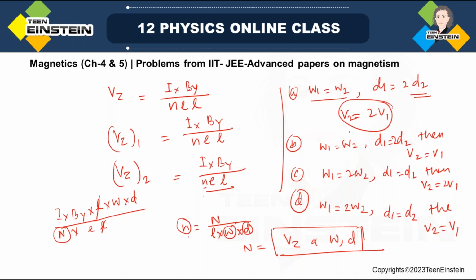Now look here, if W1 is equal to W2, D1 is equal to 2D2, then V2 is equal to 2V1. That is for sure, because it is directly proportional. Even with width also, if the widths are with 2, okay, so V2.